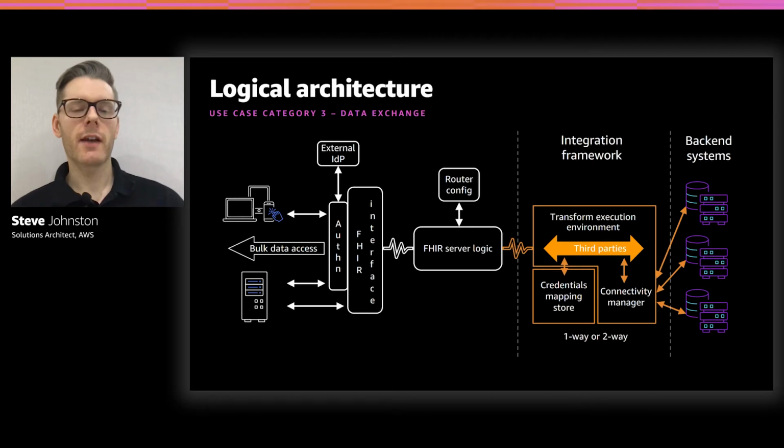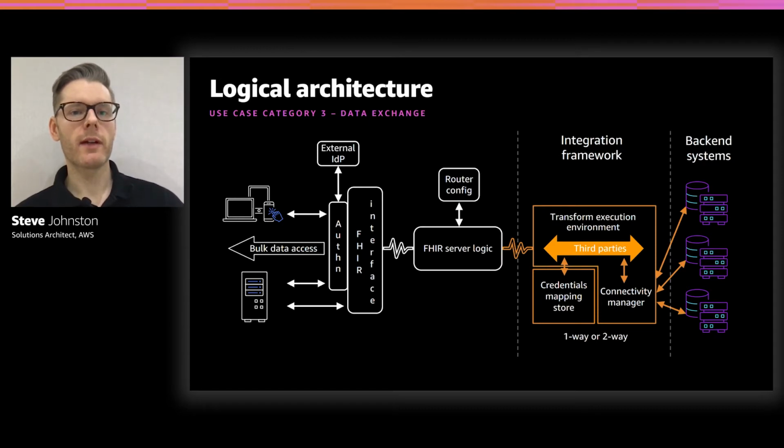The third use case category is data exchange, and this is also known as a facade deployment. And in this case, the FHIR server would route all the payloads through to various different backend systems via the integration framework. As mentioned previously, the configuration for this is within the router config.